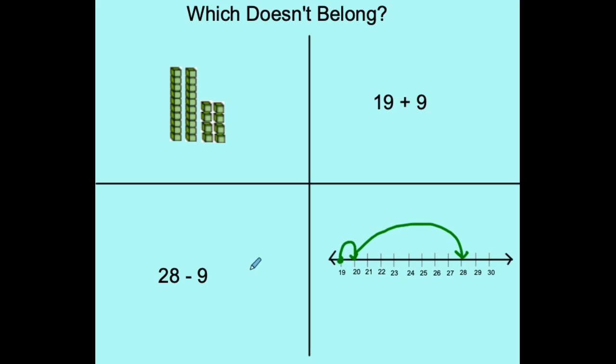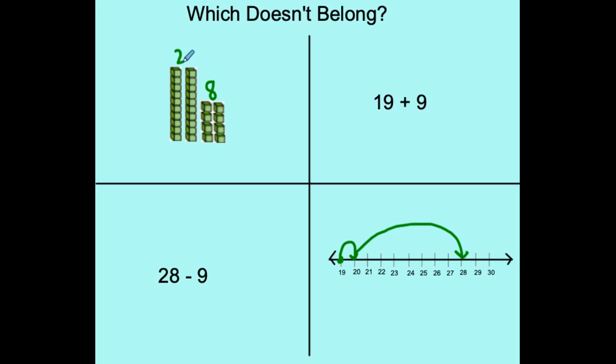Okay, I'm going to take some guesses. So maybe you said this one doesn't belong because it's the only one that's showing base 10 blocks. And let's see, it's showing the number 10, 20, and then I see that it's a 4 and another 4, and I know my doubles facts, and that would make an 8.